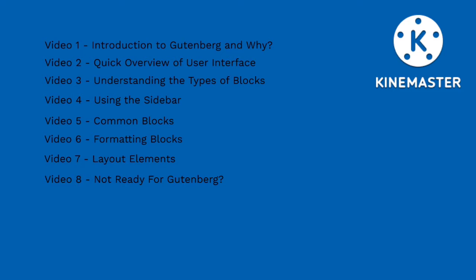How do you go about reverting to the old classic editor? This is a big thing. A lot of people do not like Gutenberg, so they prefer to go back to the classic editor. So we want to make sure that you have the options available to you if you choose to go down that route. And of course, last but not least, we have video number 9, which is more editor options.